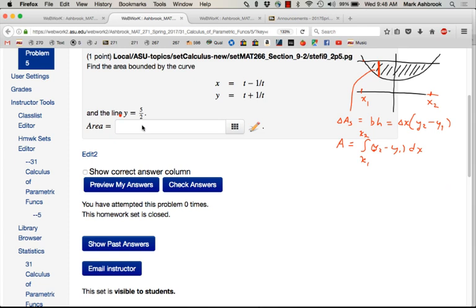So what do we need? For the limits of integration, we're going to need these points. And more specifically, we're going to need the t values for those intersection points, right? We need the t value corresponding to x1 and the t value corresponding to x2.